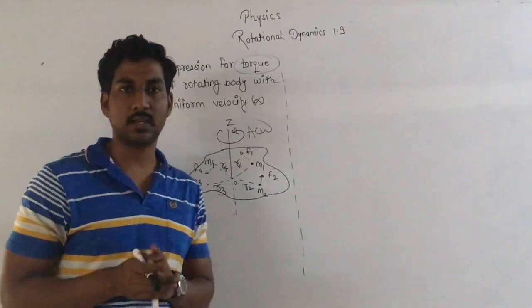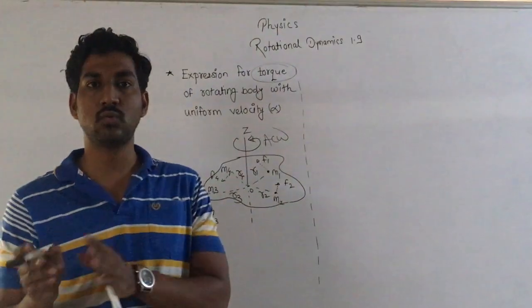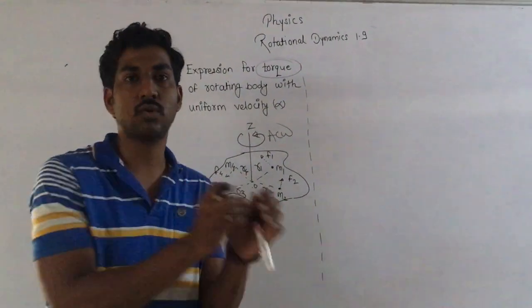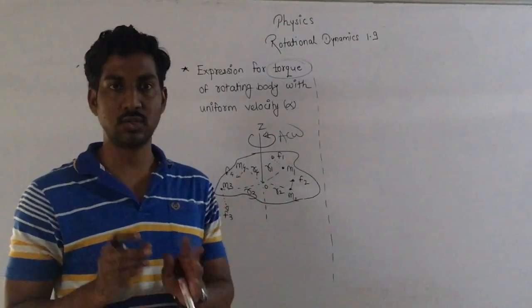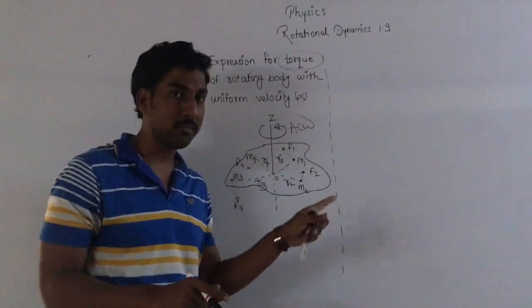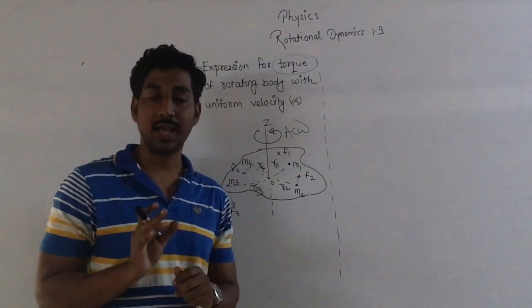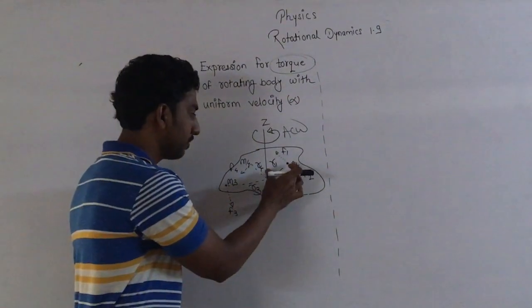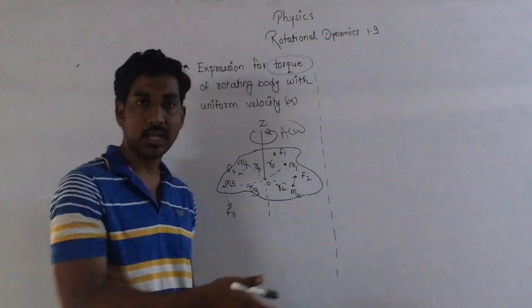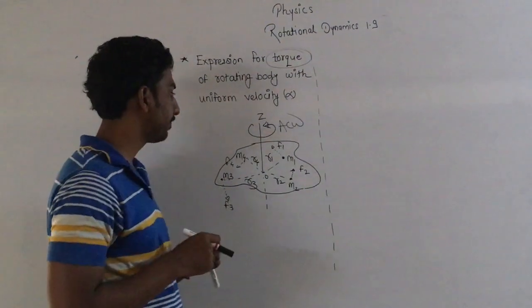The force acts because we know the definition: force into displacement is the torque, and its unit is Newton meter. So here masses M1 and M2 have forces F1 and F2 respectively, and their distances from the axis of rotation will be R1 and R2 respectively.